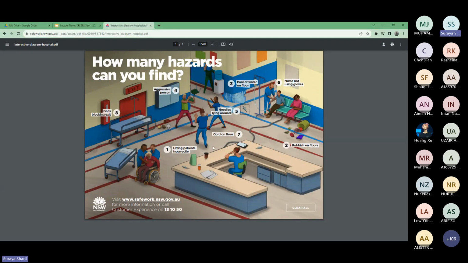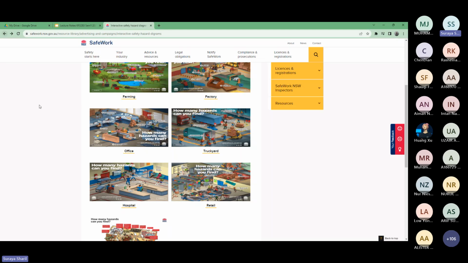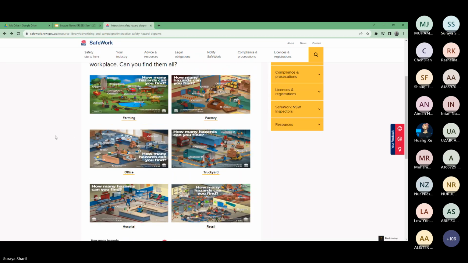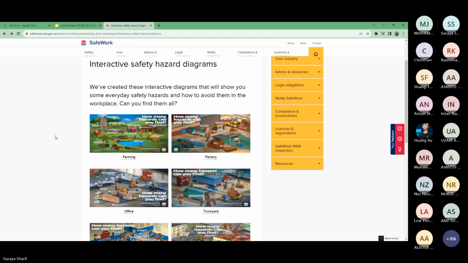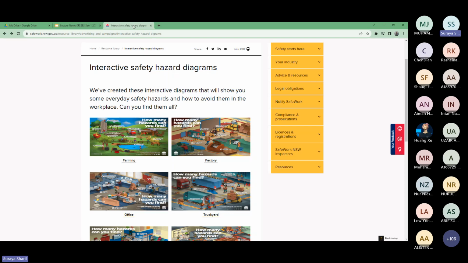So from this, we can plan or try to reduce all the risk from all the listed possible hazards. So this is an example of a practice that you can do to identify hazards.